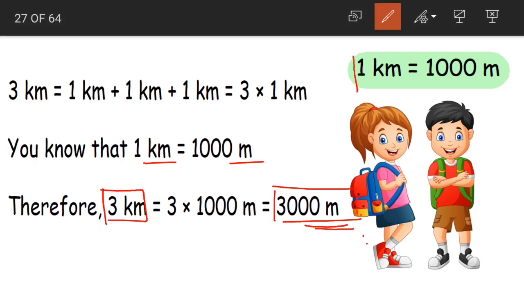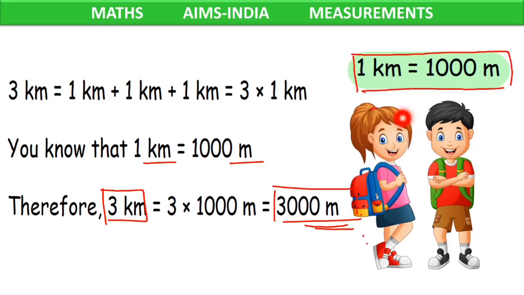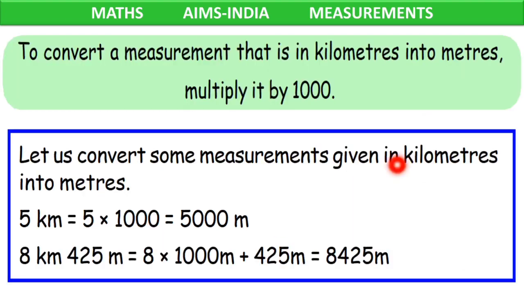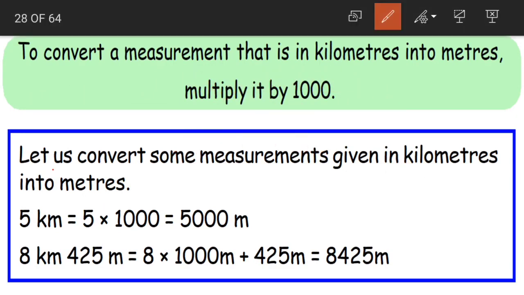Understood, children? And what is the important point to remember here? It is that 1 kilometer is equal to 1000 meters. To convert a measurement that is in kilometers into meters, we need to multiply by 1000. So let us see how to convert some measurements into meters. How can we convert, children?